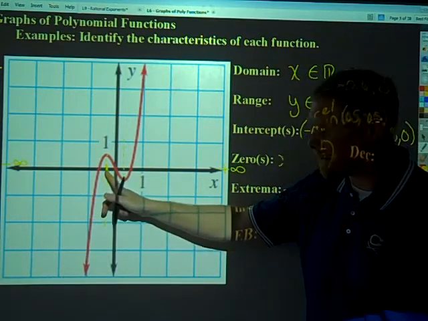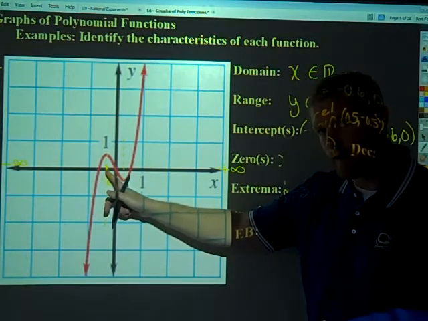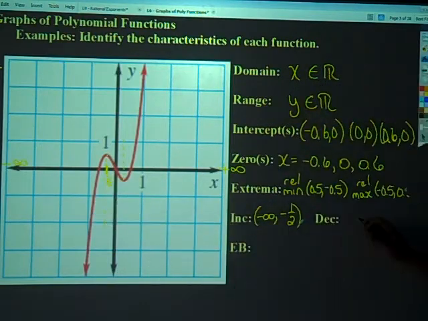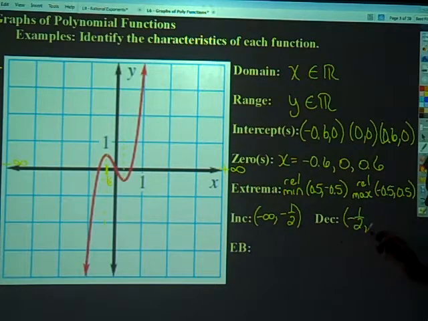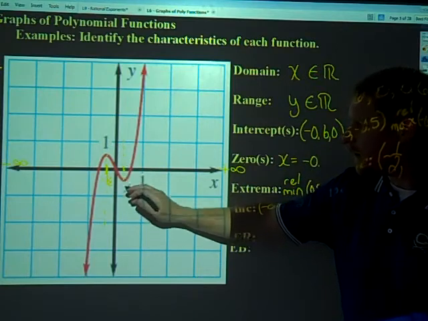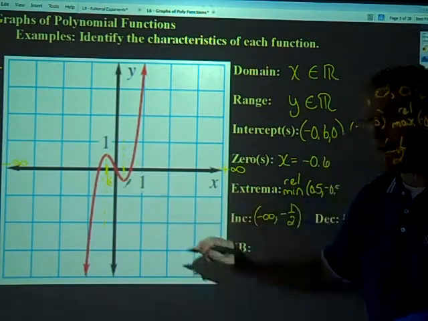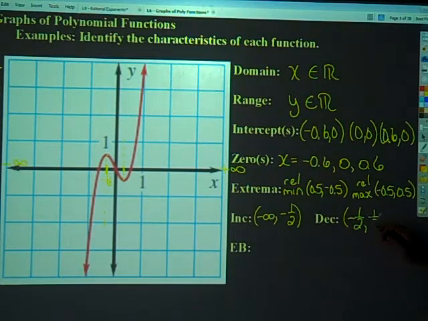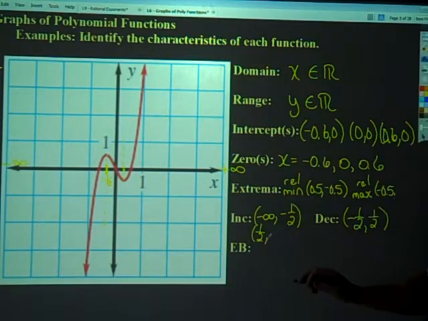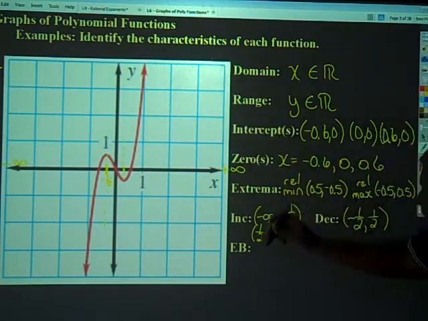And at that point, that's where it stops increasing and it starts decreasing. Since it starts decreasing there, I go over to my intervals of decrease and I write down negative 1/2, and it stops decreasing here at this interval for x, and that is 1/2. At 1/2, I continue beginning increase, and it goes all the way to infinity.